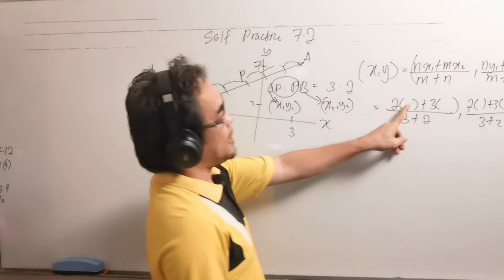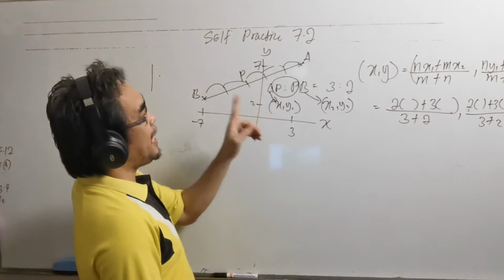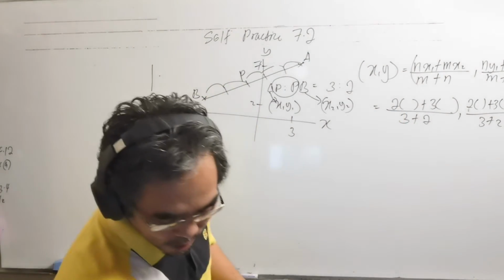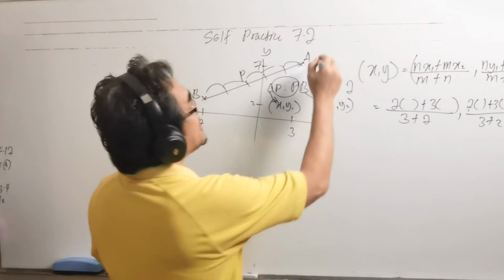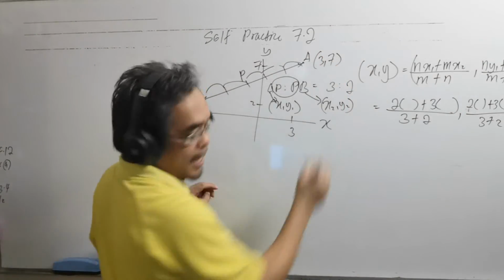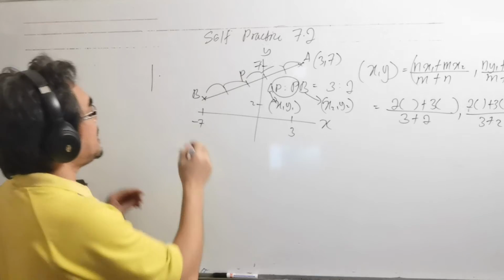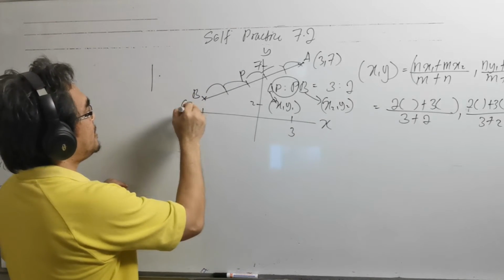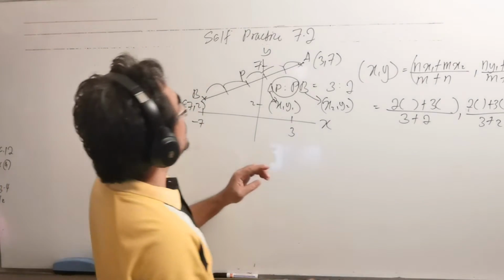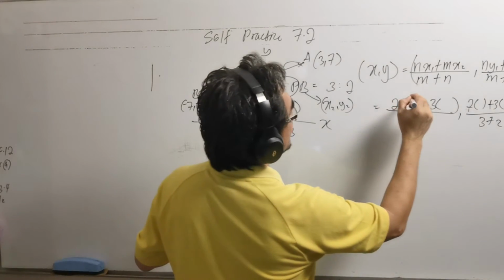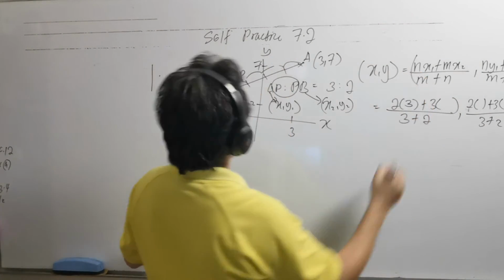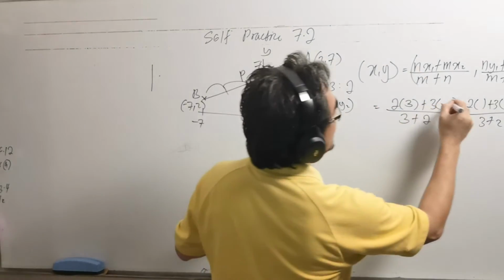This is x1. X1 will be A. Oh, okay, I did not write down. A is 3, 7. And B is negative 7, 2. So x1 will be 3. Then x2 will be negative 7.